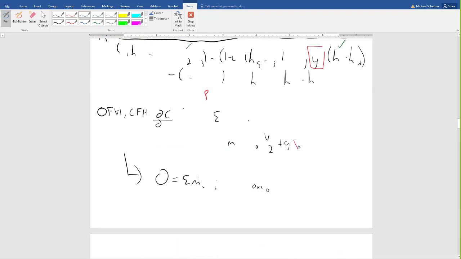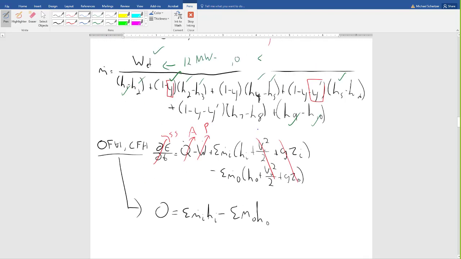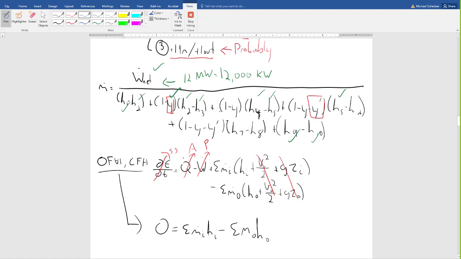That's good, because then as I went into this expression for the mass flow rate, right, now I have found H7 and H8. I had Y before, right? Now I know Y prime. So there's a lot of opportunity for me to screw something up, putting it into my calculator here, right? So take a bunch of lines if you can on your exam so that you don't look back and say, like, oh, I wish I just wouldn't have fat fingered my calculator here, right?